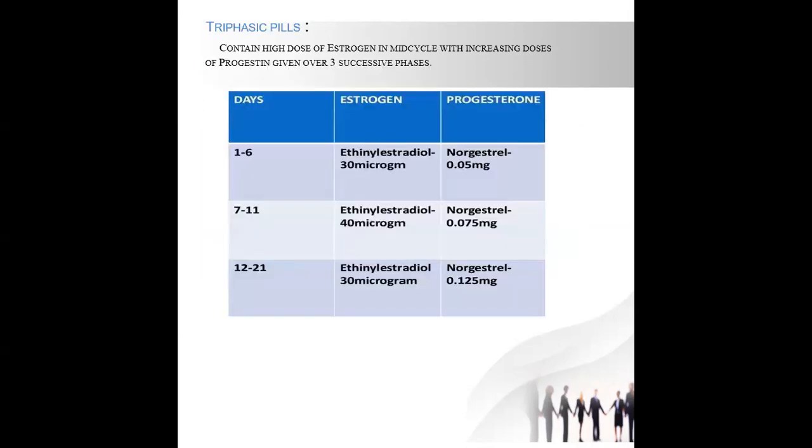Then when you look into the triphasic pills, why are they called triphasic pills? Because they contain a high dose of estrogen in the mid cycle with increasing doses of progestin given over 3 successive phases. So biphasic, we have 2 phases. Triphasic, we have 3 phases. For example, on days 1 to 6, ethinyl estradiol is 30 micrograms and norgestrel is 0.05 milligrams. On days 7 to 11, ethinyl estradiol is 40 micrograms, norgestrel is 0.075 milligrams.